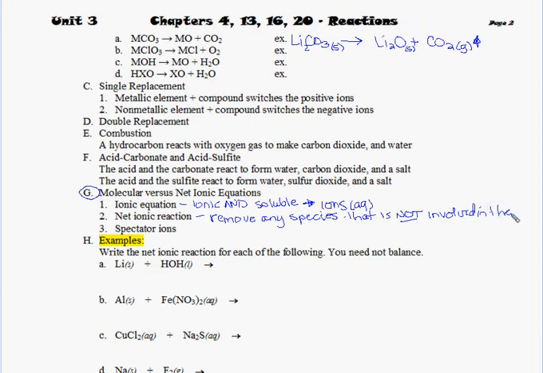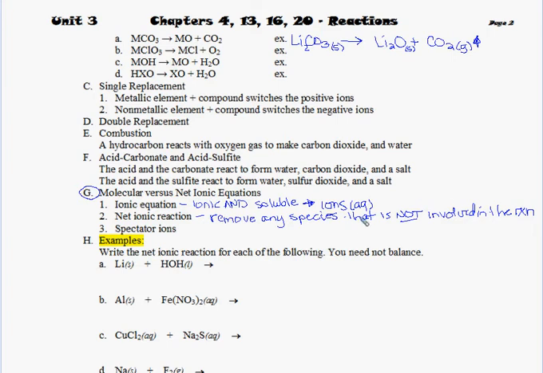So it might be like what we saw on the previous video, which was just taking the water molecules out. The water molecules were separate to begin with. They're still separate when they're in solution. They really didn't change. They were liquid to begin with. They were liquid at the end.